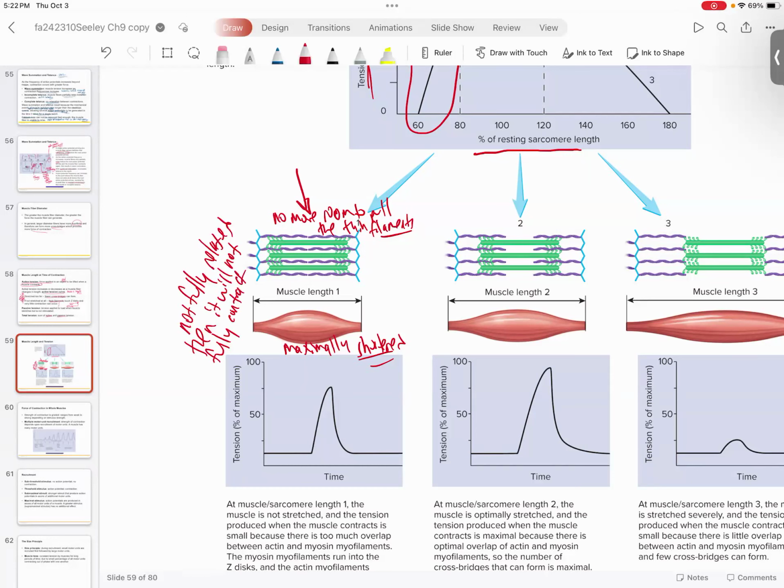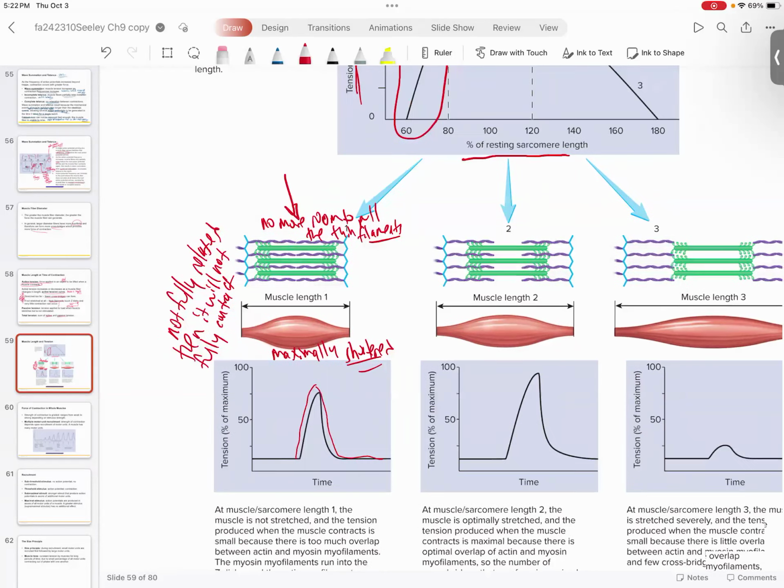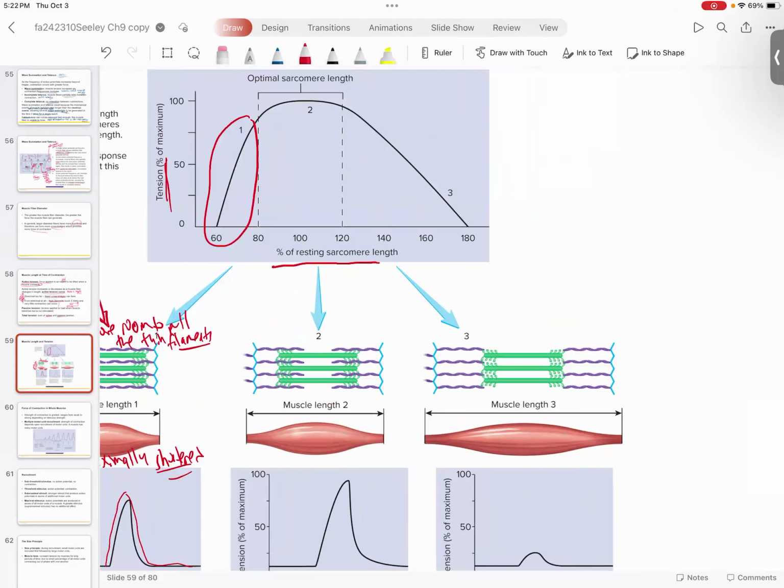In this case, you see the muscle length is short. And so basically you contract with a certain amount of tension and then you relax over time. And then I want to skip over to 3, because when you have number 3, you notice you have a decline in tension relative to the percent of the sarcomeric length.